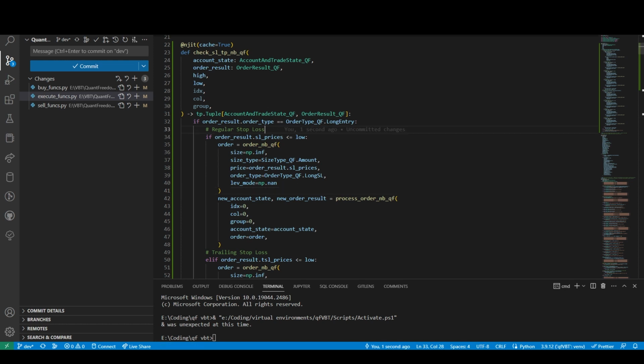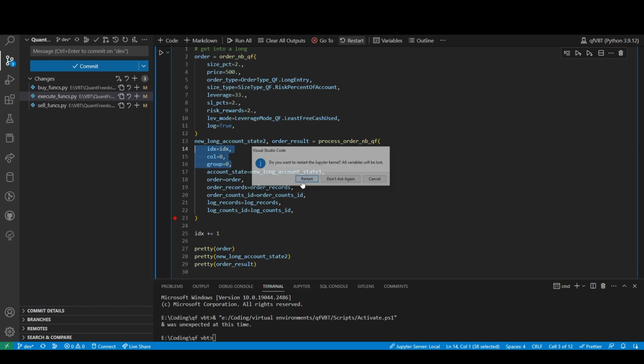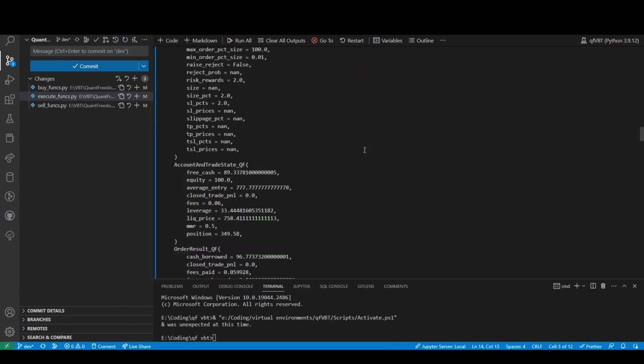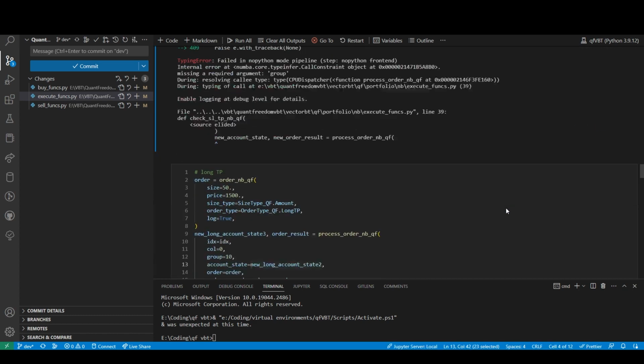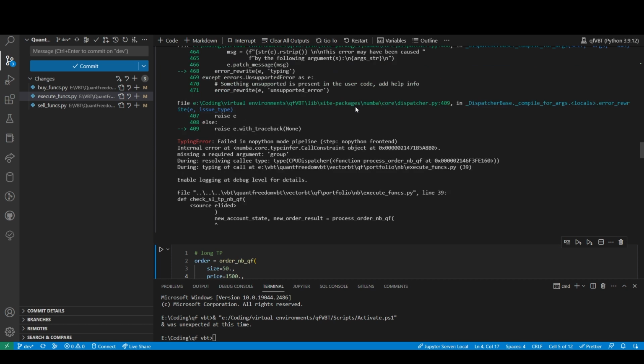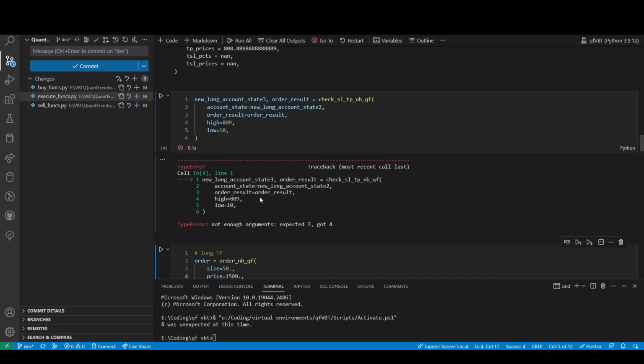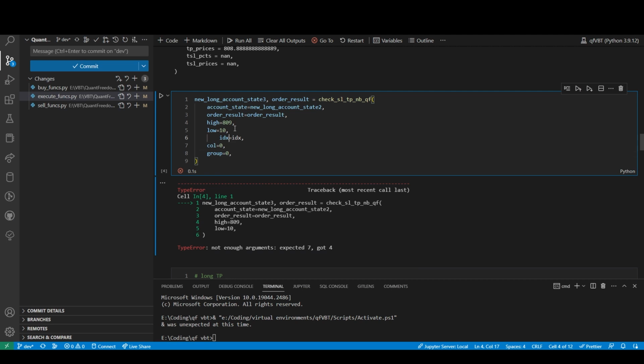All right, let's see if this works. Probably not. If this doesn't work, then we gotta go. Expected 7, got 4. I think this should work.